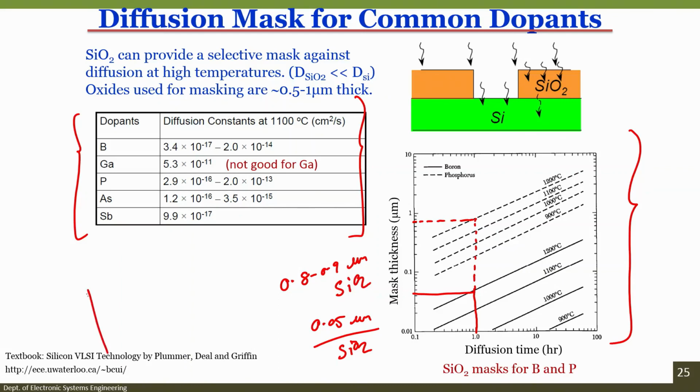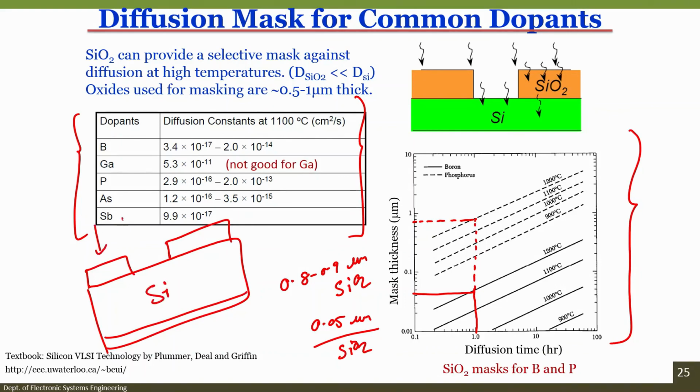That means if I have a silicon wafer and I grow silicon dioxide like this, and I want to diffuse phosphorus into the wafer, then if the thickness is close to 0.9 micrometer, this dopant, phosphorus, will not pass through silicon dioxide. The silicon dioxide acts as a mask against the dopant and protects the region below it. In this region you will not see dopant, but in the region where there is no silicon dioxide, you will see phosphorus doped into the silicon wafer.